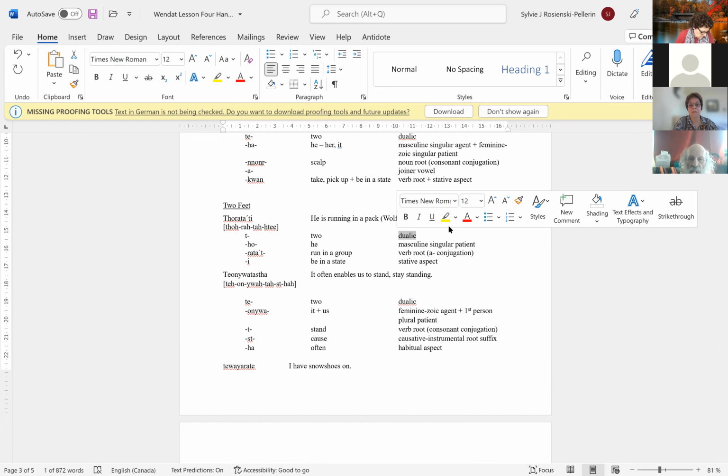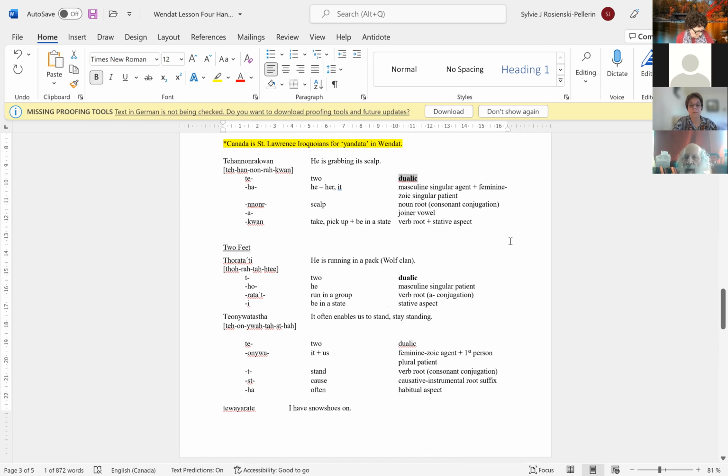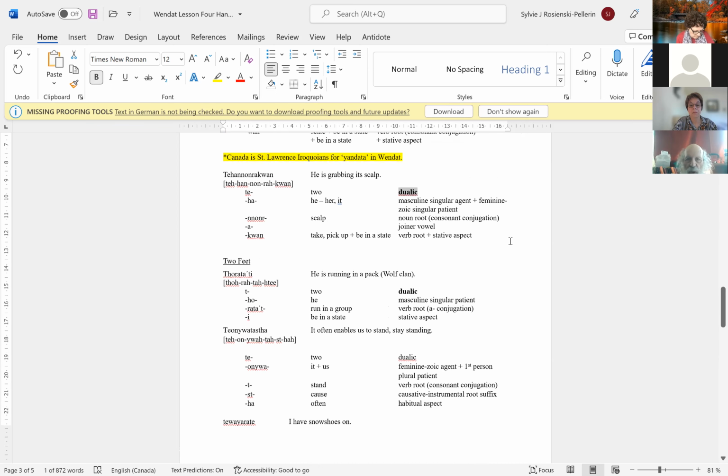So in the Wolf clan, this is kind of an obvious one for the Wolf clan. Tahiti, he is running in a pack, is a Wolf clan name. Well, there you see the clan origin of that name. You see it right up front, right? You know it's Wolf clan.